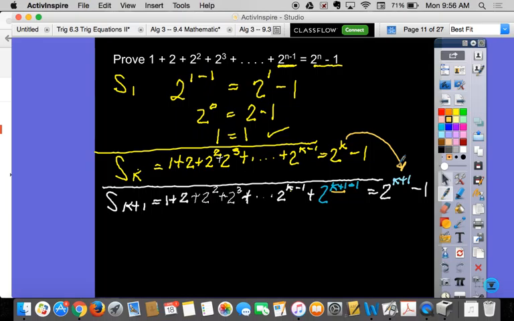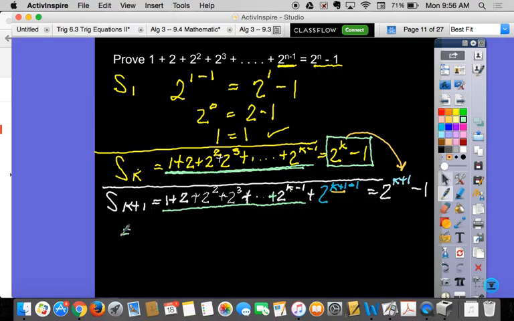Now, remember, you have to show that all of the stuff on the left is equivalent to all the stuff on the right. Well, there's much more stuff on the left because it's an entire sequence. So you have to do some substitution, because you have all this dot, dot, dot business in here. Keep in mind that you know that entire sequence is equivalent to 2 to the k minus 1. So keep in mind what you're swapping out. It's not a bad idea to underline it.